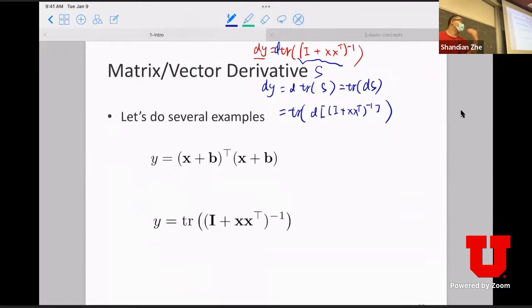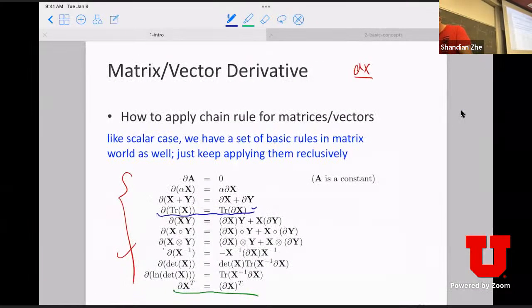We need to take the derivative of the inverse of a matrix. Again, let us look up the dictionary. You can see that very smart pioneers have summarized a rule. It tells us that the derivative of a matrix inverse is equal to minus the matrix inverse times the derivative of X times X inverse.